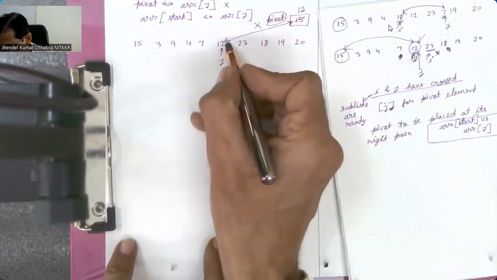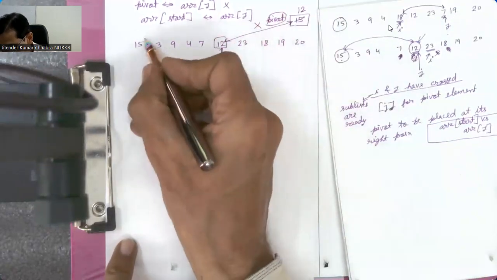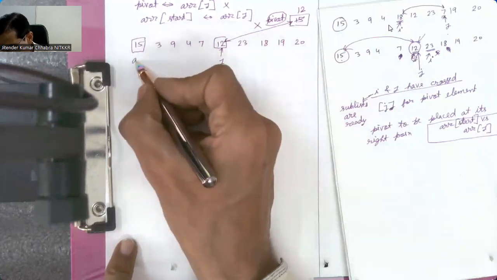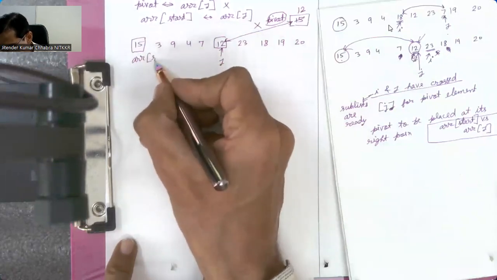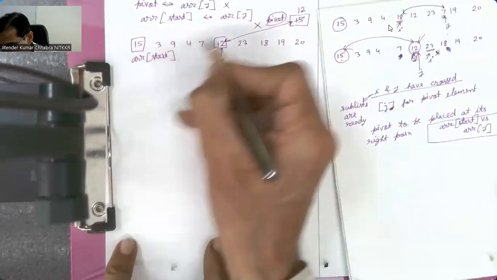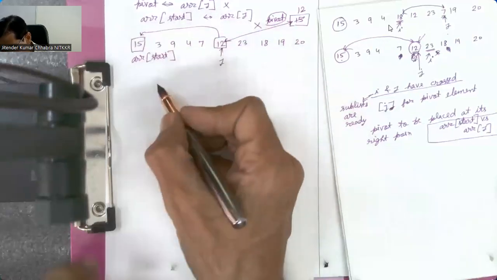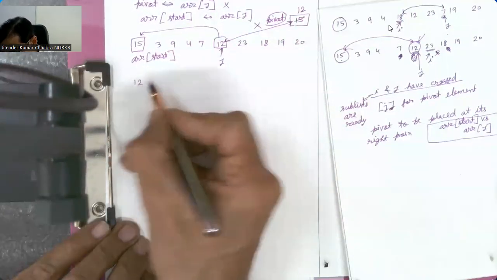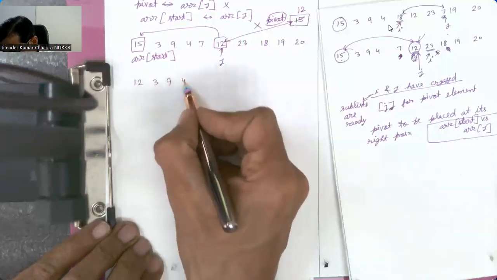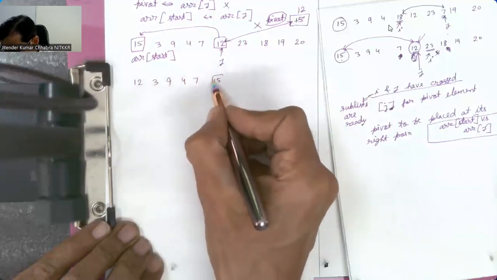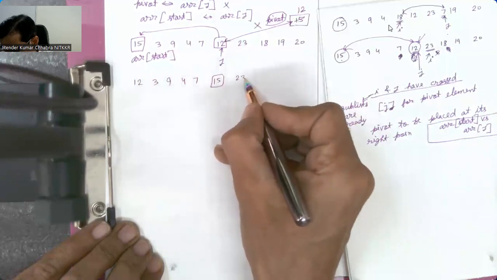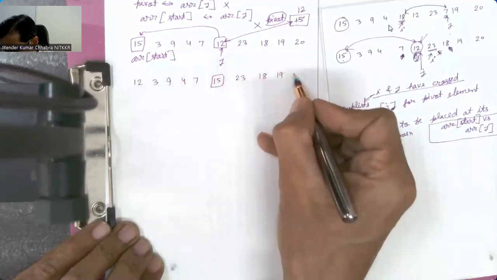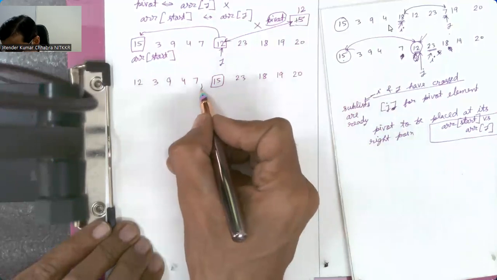What you are supposed to interchange is this versus ARR start. These two to be interchanged. This will mean 12 coming here. 3, 9, 4, 7 was already correct. 15 coming here. 23, 18, 19, and 20 were already correct.